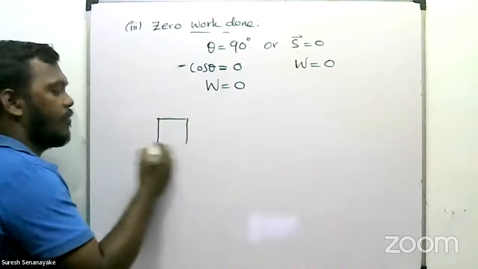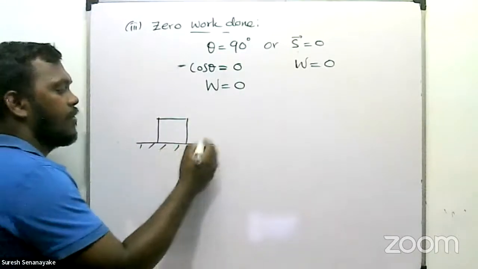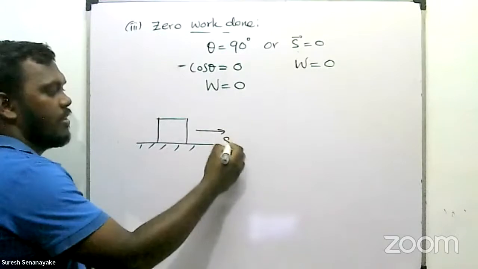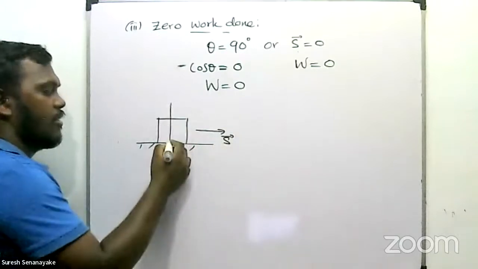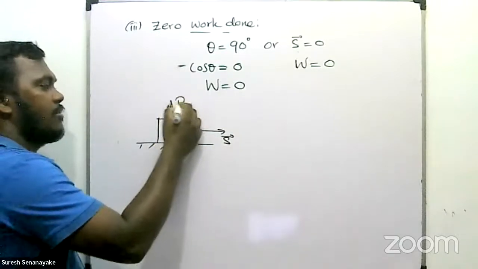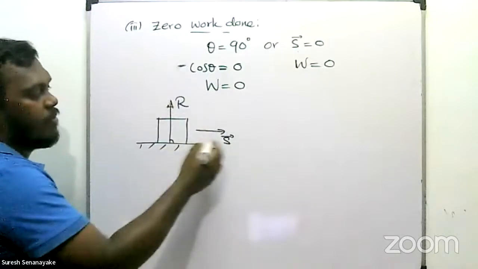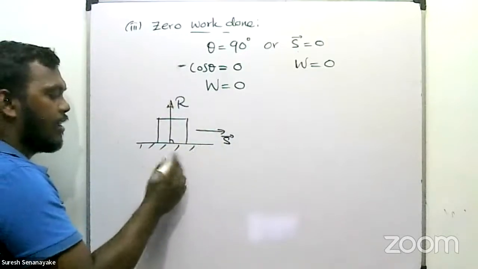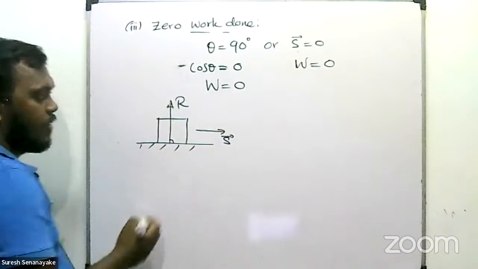In a case like this, if the body is moving, the displacement is measured in this direction, but the normal force acts perpendicular, always perpendicular. So the angle between R and S is 90 degrees.